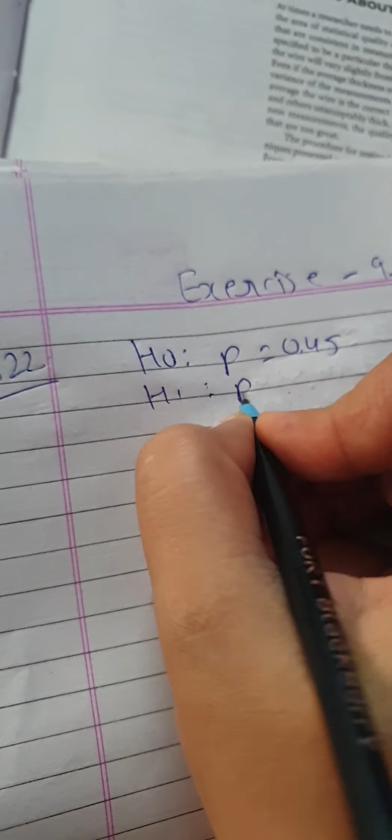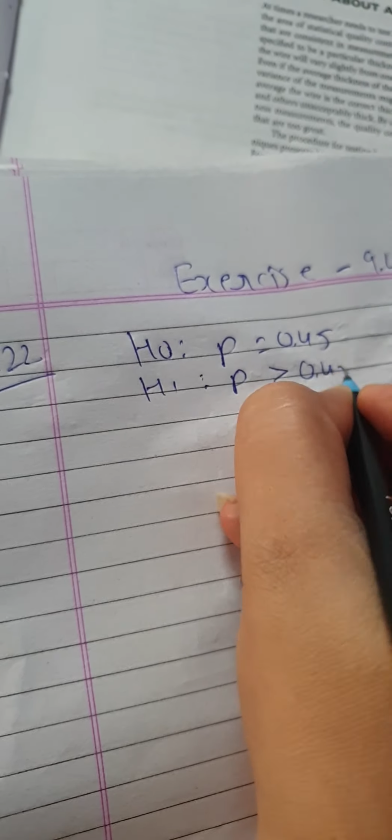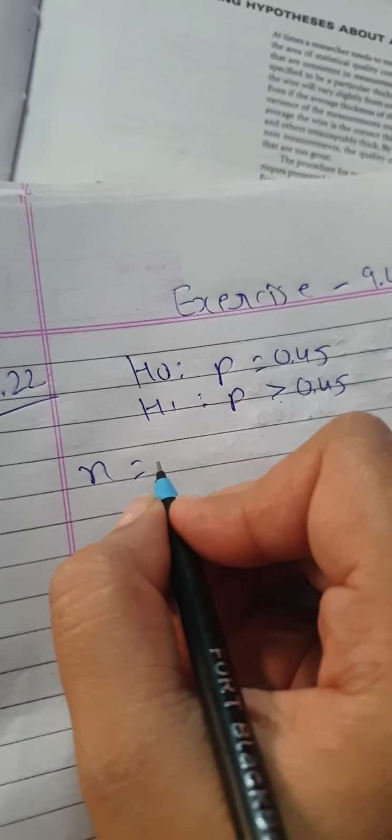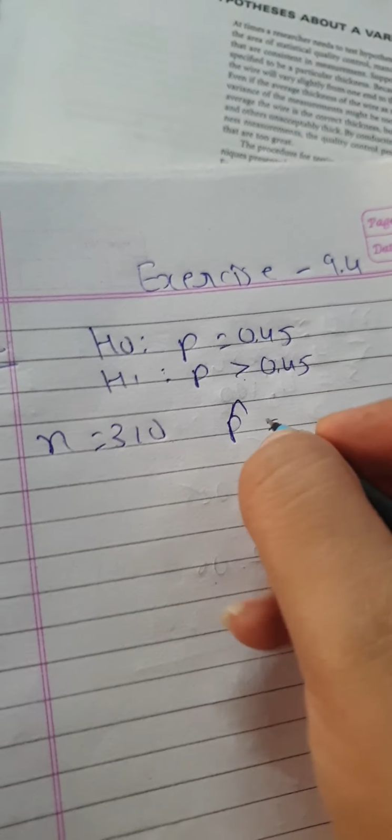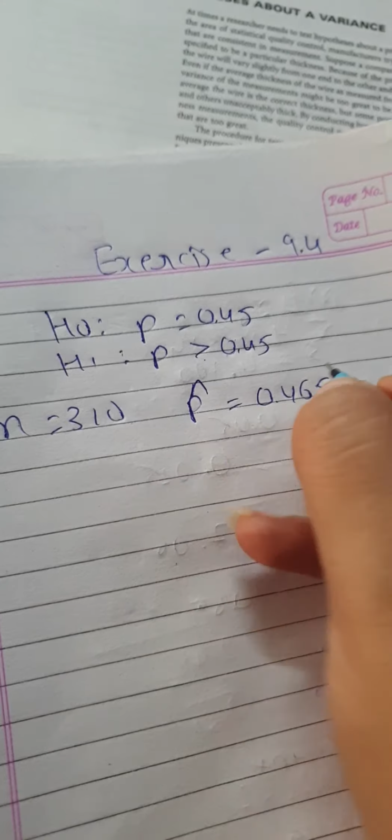H0: p equals 0.45, H1: p greater than 0.45, n equals 310, p cap equals 0.465, alpha equals 0.05.